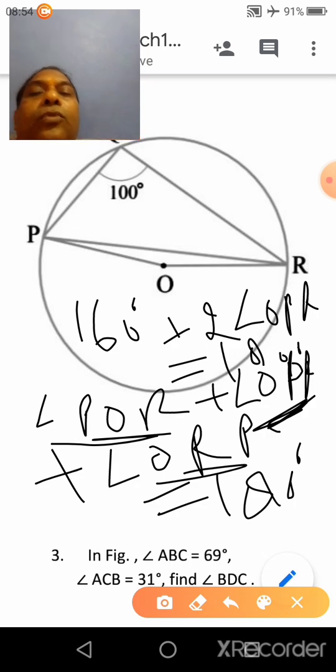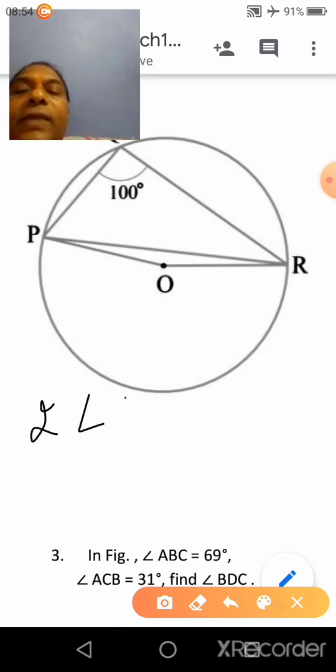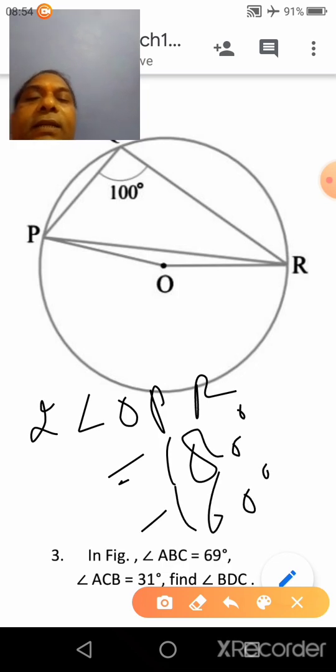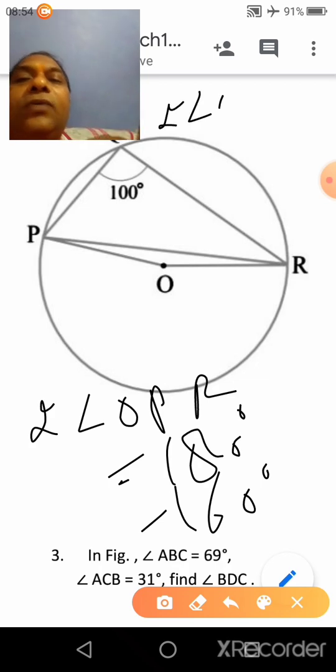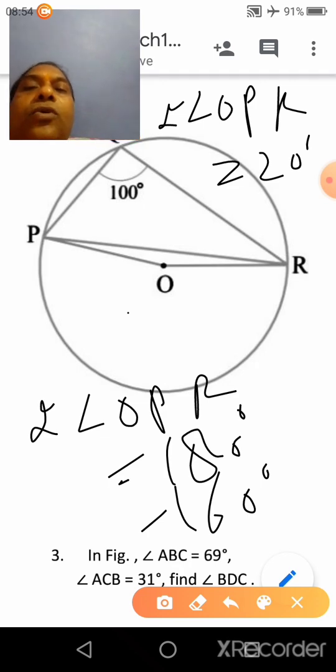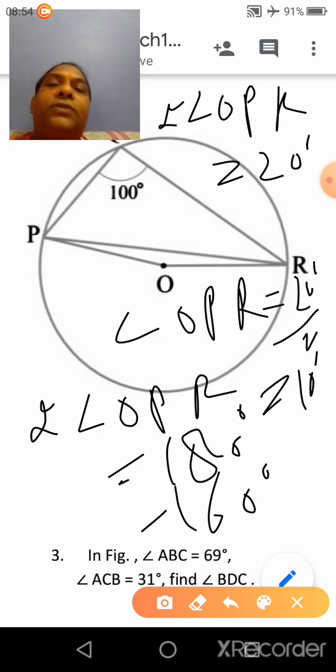So twice of angle OPR will be equal to 180 degree minus 160 degree. We can say that twice of angle OPR is equal to 20 degree. So angle OPR will be 20 degree upon 2 is equal to 10 degree. Clear, students?